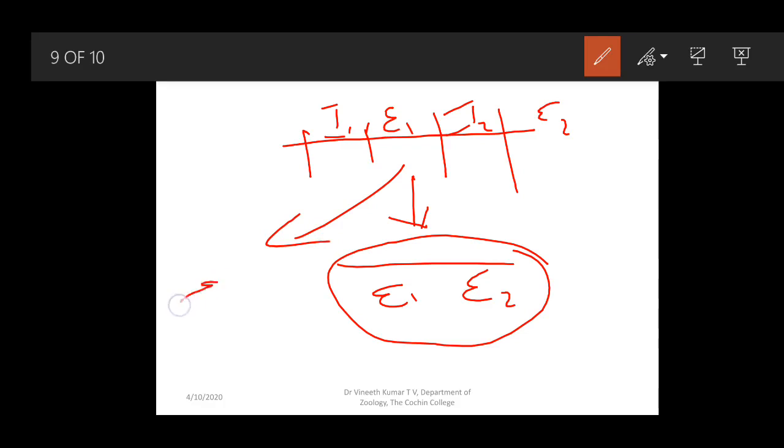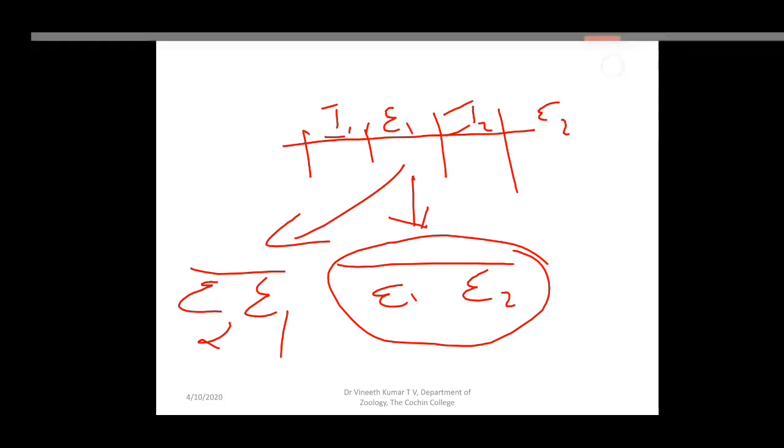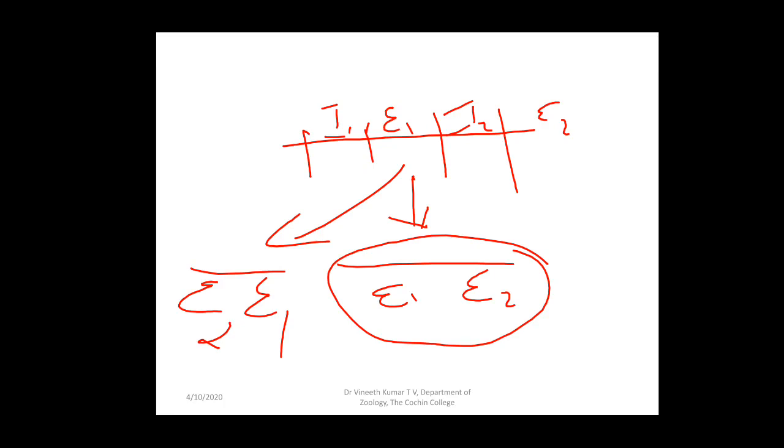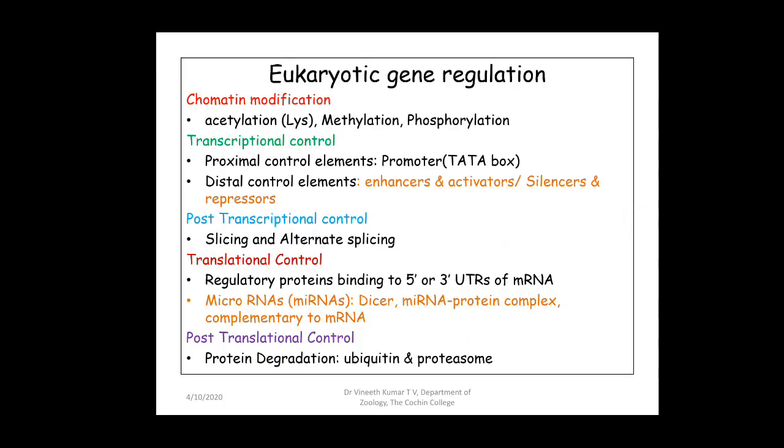In this case you can jumble like this, E1, E2. E1, E2 in this particular order from left to right is the correct protein. If I jumble E1, E2, you get a different protein or a useless protein. So this is what is called alternative splicing. This is also a mechanism for regulating gene expression.